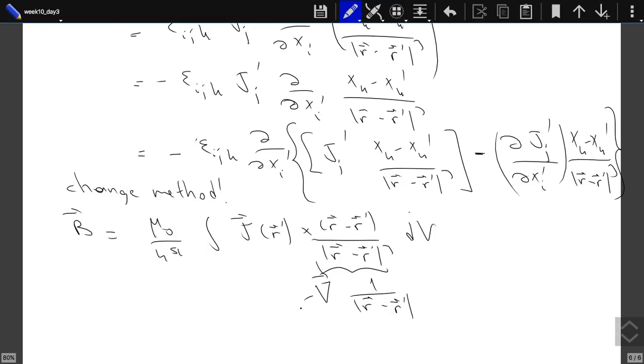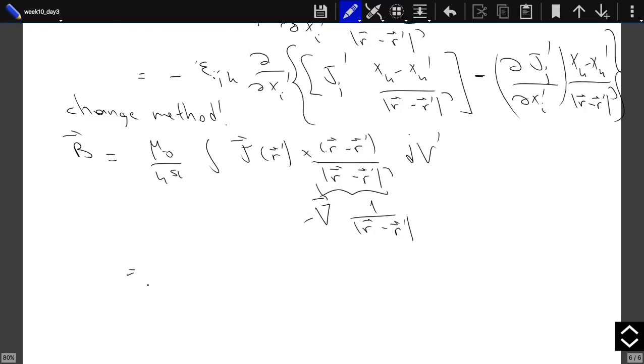Now I can take this derivative with respect to the coordinates of r out of that integral, out of the v prime integral. So if I take it out, it just becomes mu 0 over 4 pi times the curl of j of r prime over |r minus r prime|.